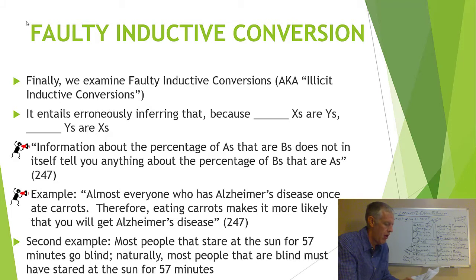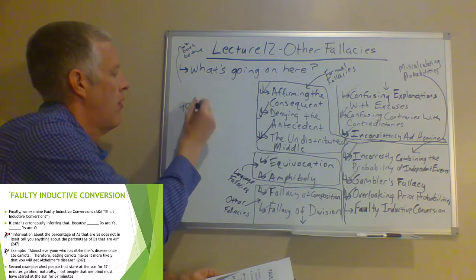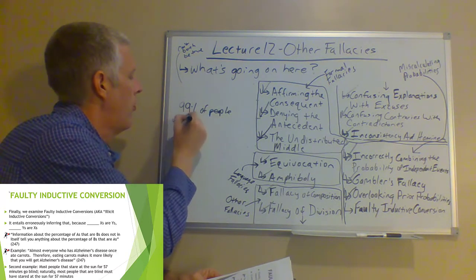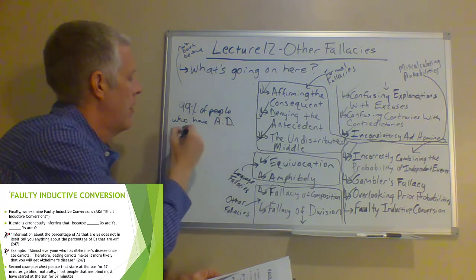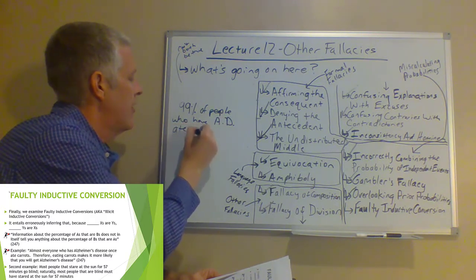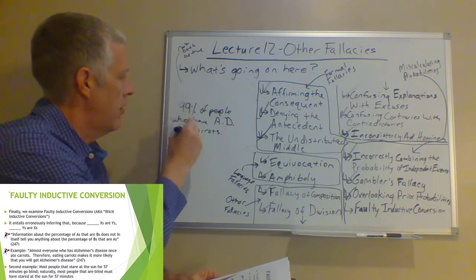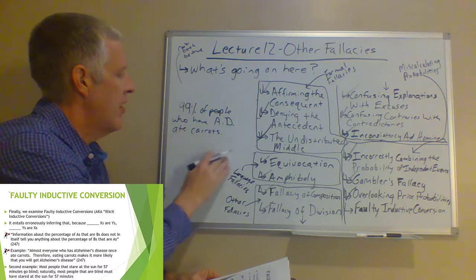Let's say 99% of people who have Alzheimer's disease eat carrots.